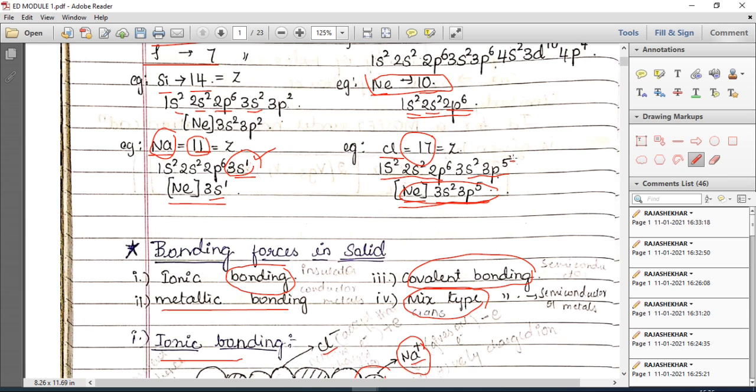So then it becomes 6, because p has 3 orbitals, each orbital capable of storing 2 electrons. So in total it is capable of holding 6 electrons. When this sodium releases 1 electron, that electron will be accepted by this chlorine.